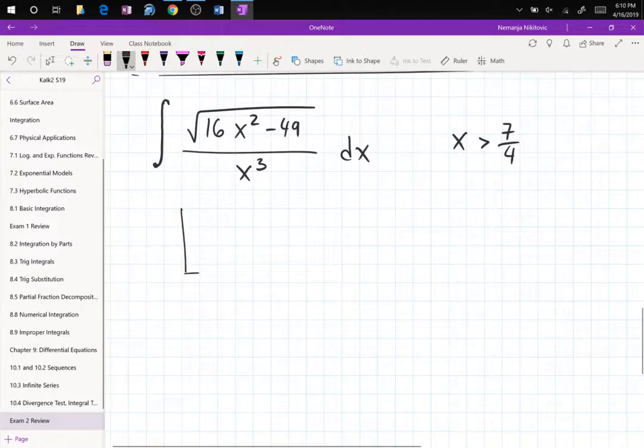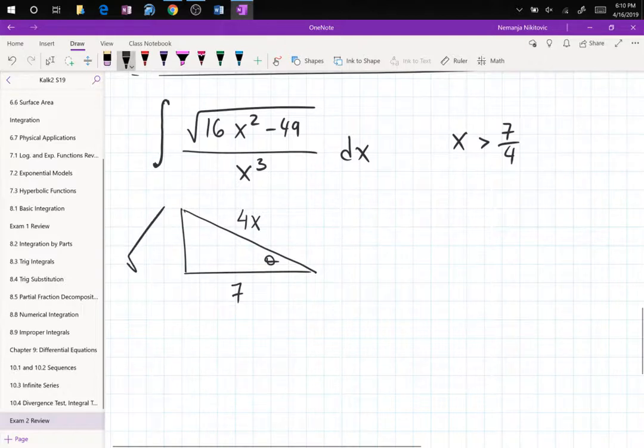So what do you do with that? We are going to draw the triangle. We put our angle theta. Now there is a minus, which means that our hypotenuse is 4x. And then you can put 7 on one of the two. On the bottom? Okay, fine. And then this one will be the square root of 16x squared minus 49.